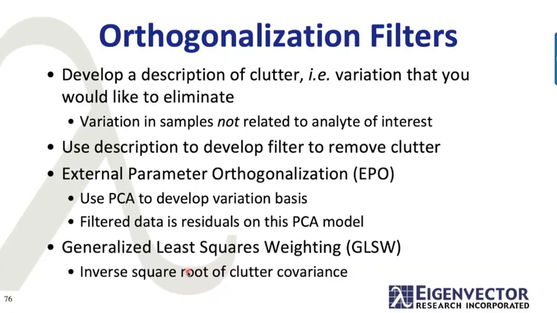And we also use generalized least squares weighting a lot. That's actually the inverse square root of the clutter covariance. I'm not going to go into detail on that. It gets a little complicated, but the general idea is you're going to try to shrink the dimensions that the clutter is spreading around.